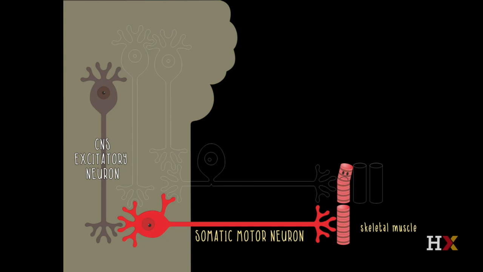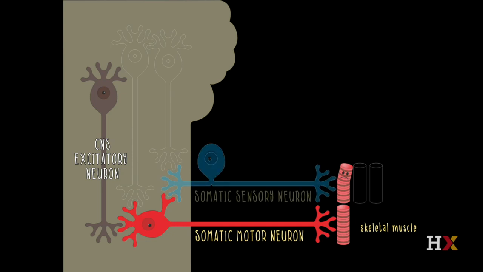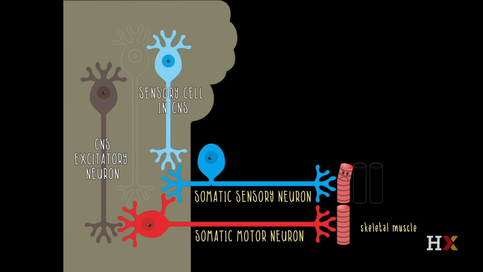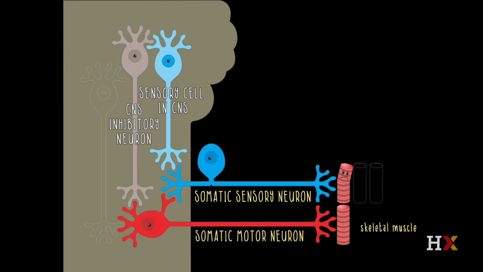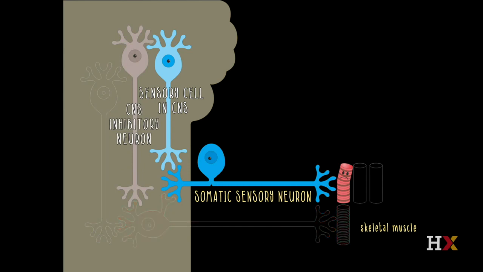So we reviewed the motor pathway, excitatory neuron, somatic motor neuron, muscle contraction, perhaps too vigorously or too often, resulting in muscle pain, and muscle pain will be conveyed back in a somatic sensory neuron, reach another sensory neuron in the central nervous system, and initiate an inhibitory response, which will stop somatic motor innervation, relax the muscle, and enable it to return to a more comfortable state.